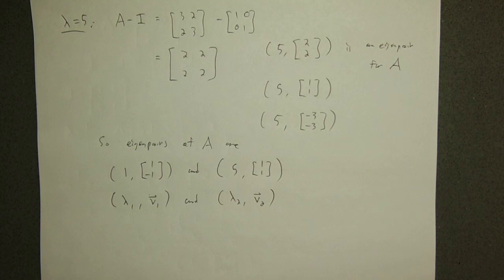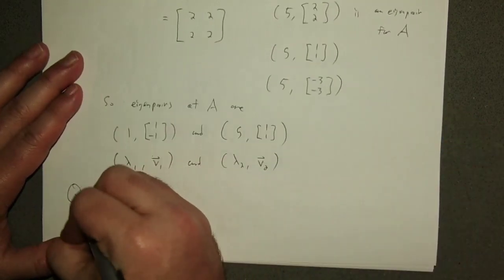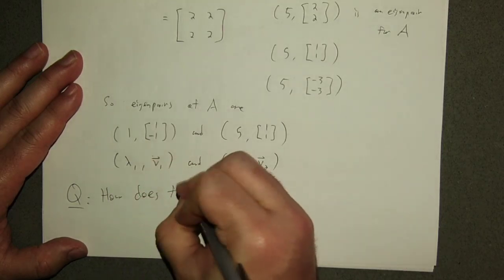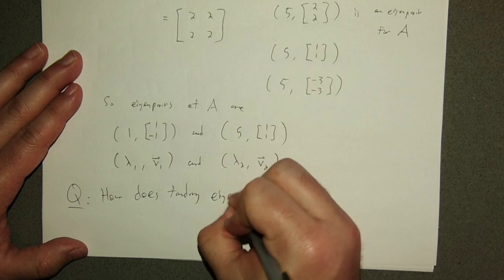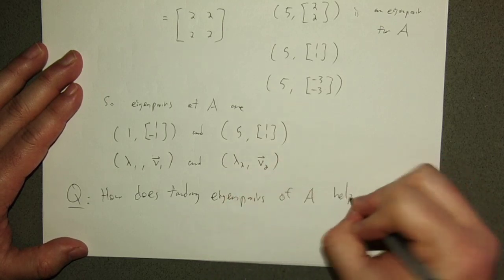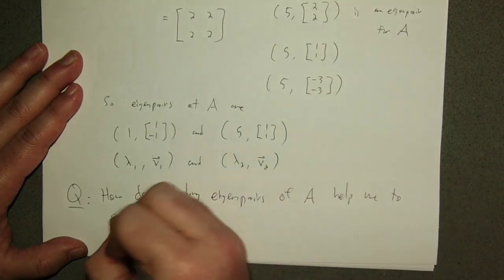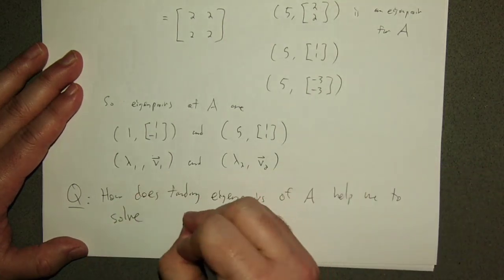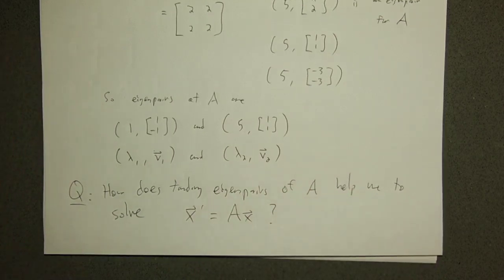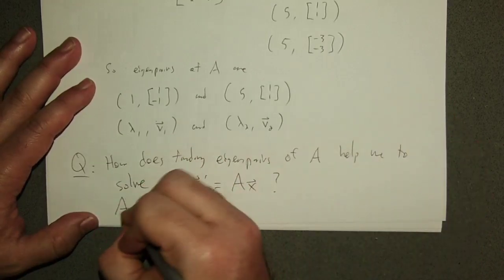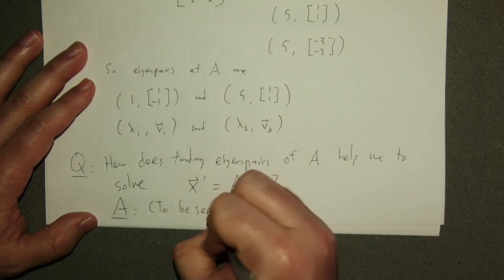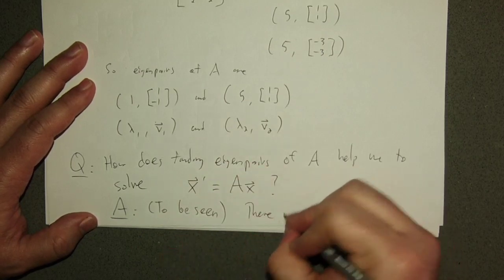So then how do I use this? Question: how does finding eigenpairs of A help me to solve x prime equals Ax? The answer, to be seen, is that there is a recipe.